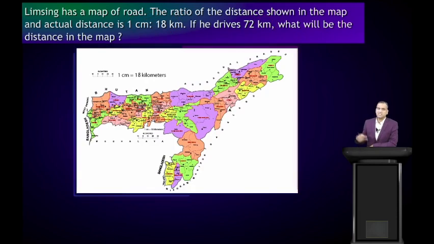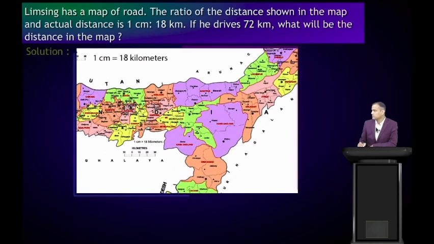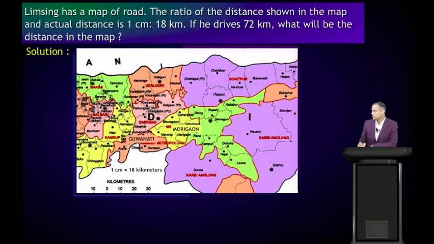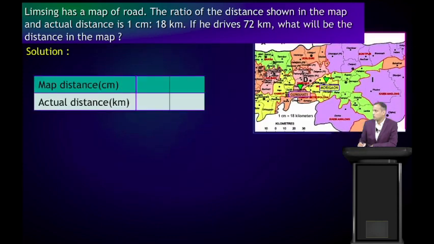So let's take, there is a map, the map of Assam. He has to go from Guwahati to Morigaon. The distance is 72 kilometer. Now what is the ratio?